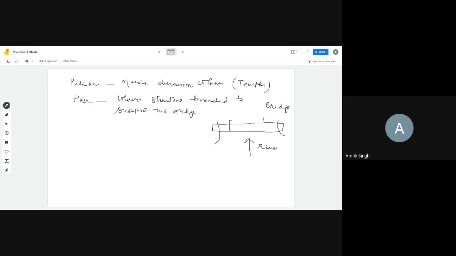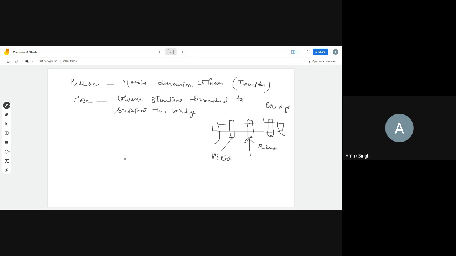So you must have seen the supports in the river like this, isn't it? So these are the piers. Okay.